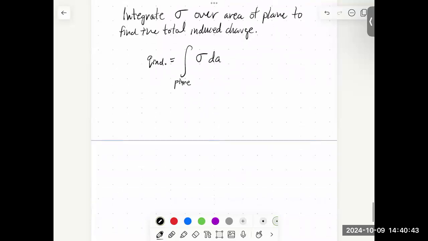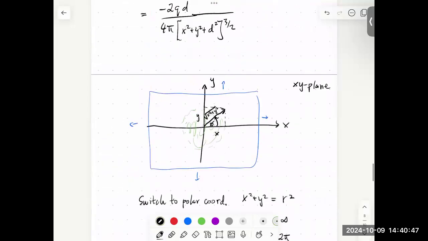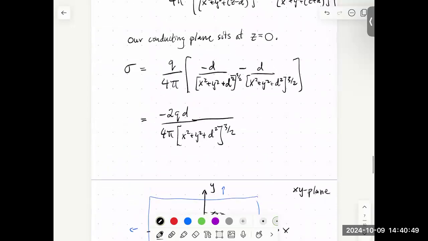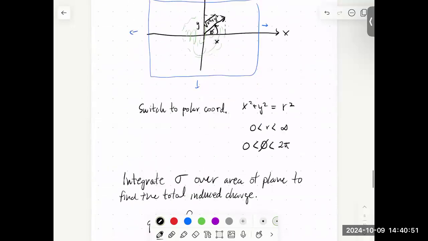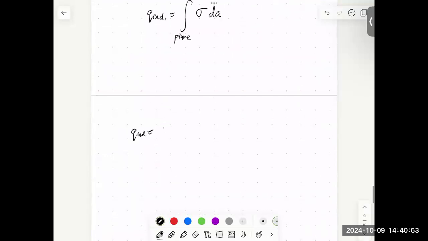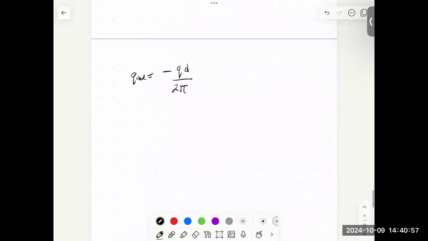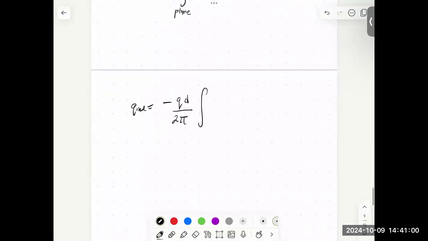Okay, so Q induced is equal to, what were all these constants? Minus qd over 2 pi. And then we're going to have the integral of phi from 0 to 2 pi, and the integral of r from 0 to infinity.